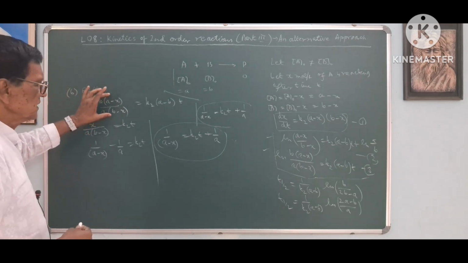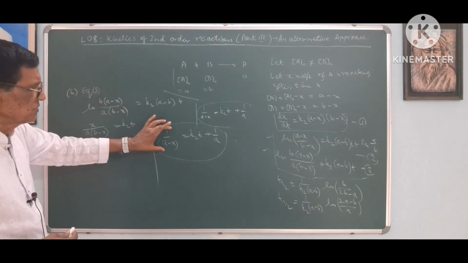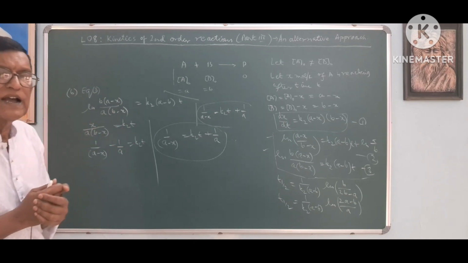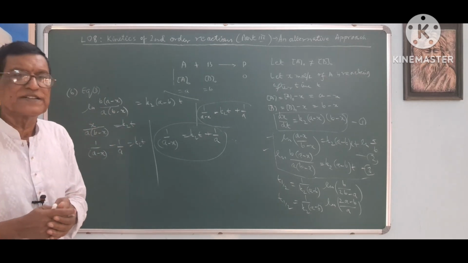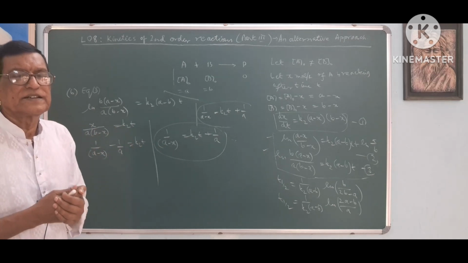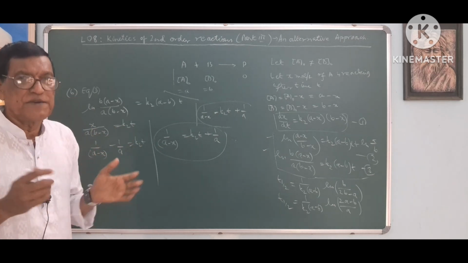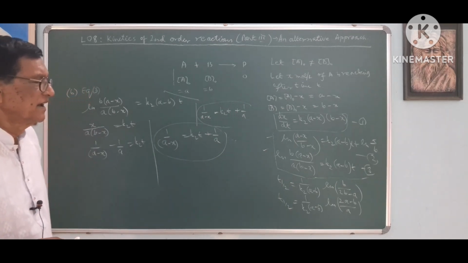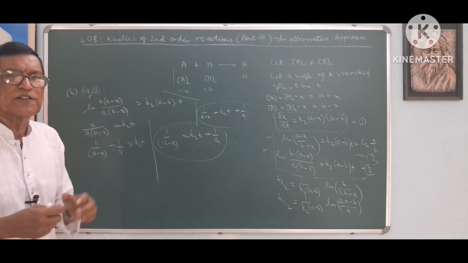So this equation, the integrated form for reactants having different initial concentrations, turns into this one for two reactants having the same concentrations, by using equation 3 and putting in this logarithmic trick.